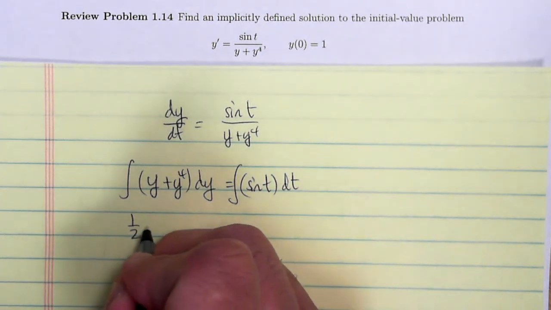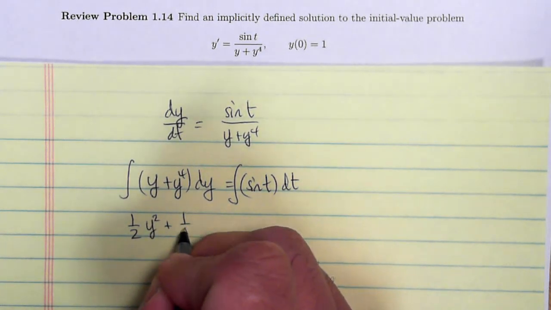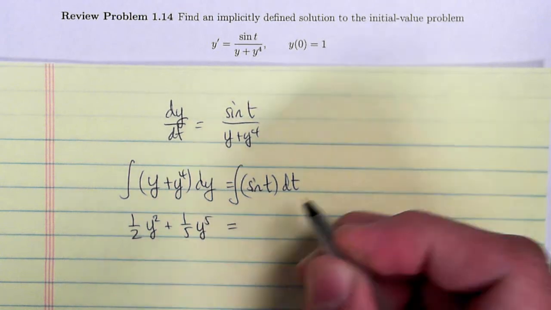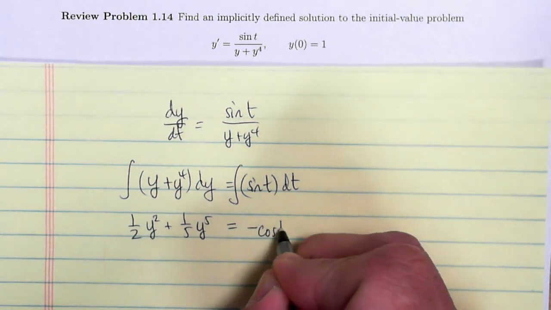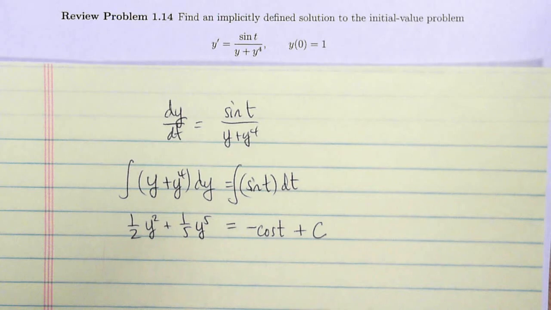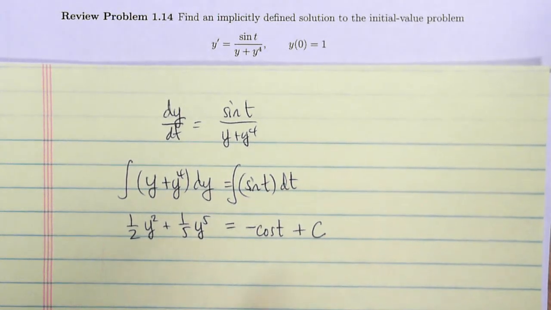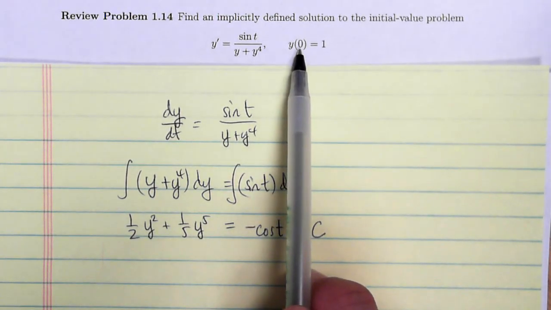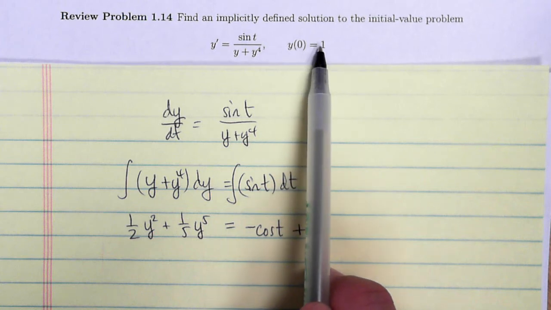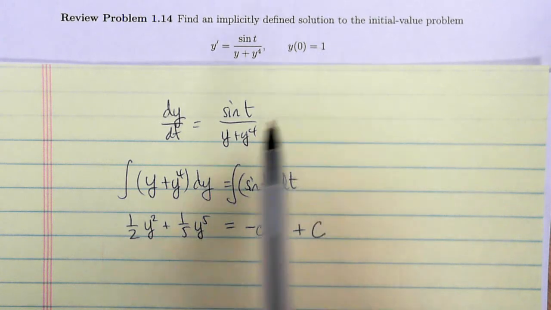So I get 1/2 y squared plus 1/5 y to the fifth is equal to negative cosine of t plus c. Then to determine the undetermined constant, we plug in t equals 0, and then y is equal to 1.